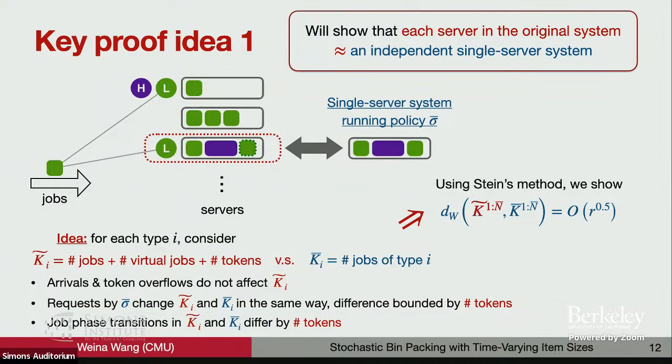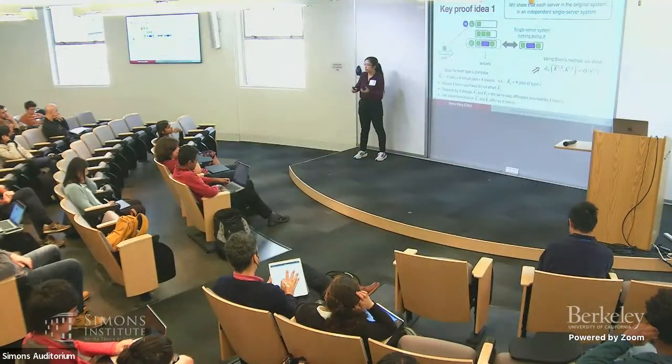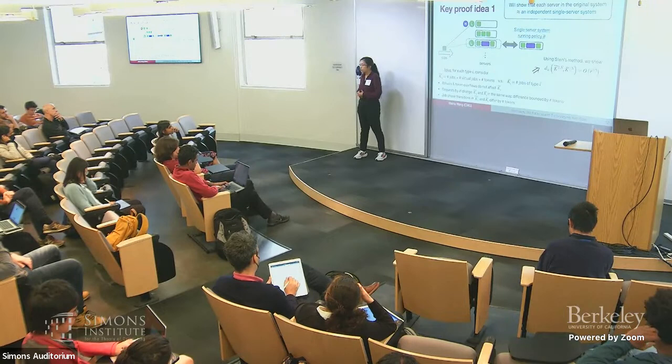So what we actually do is take the generator of this Markov chain and compare it with the dynamics of this number. We need to bound their difference. We solve a so-called Poisson equation that can translate the difference in the generators into the difference in the distributions.